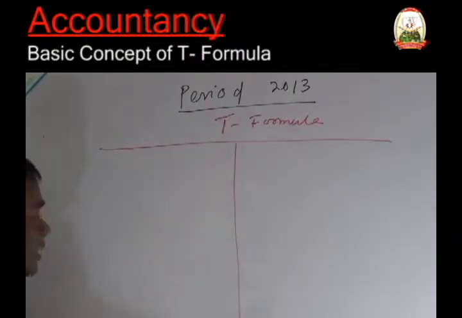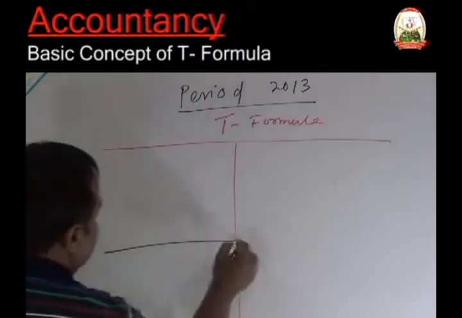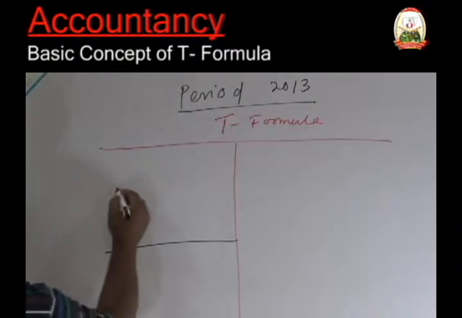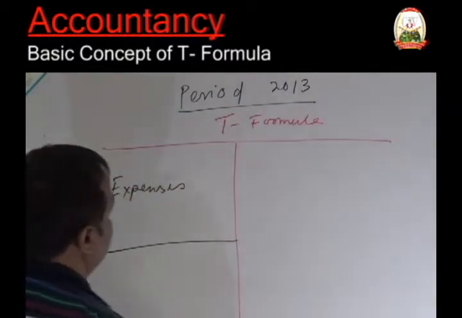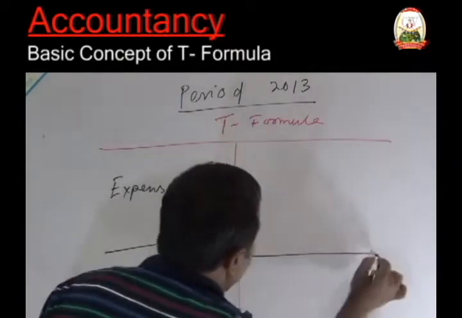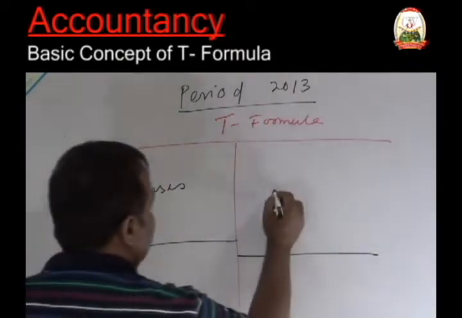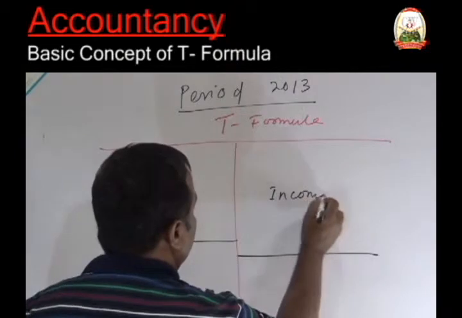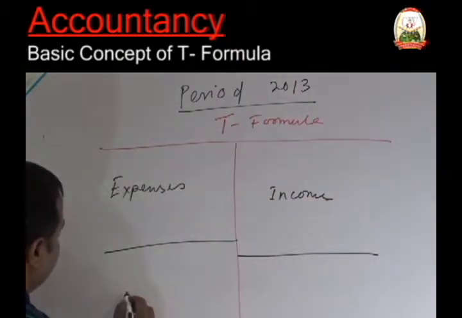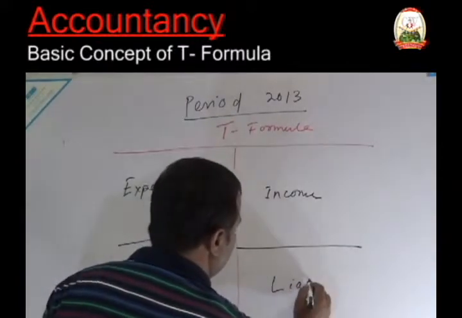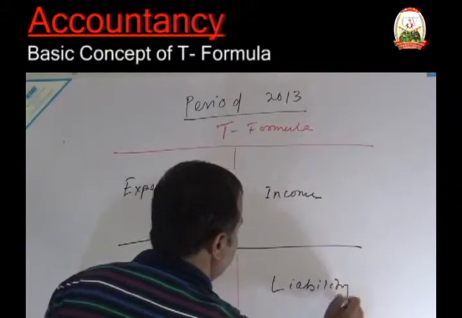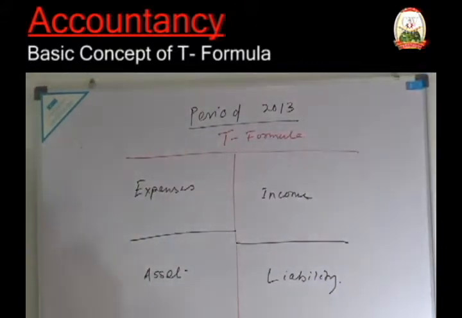Here in the T formula, we have to place, suppose up to this extent, expenses. On the right side, this is called income. Here we place asset. Here we place liability.